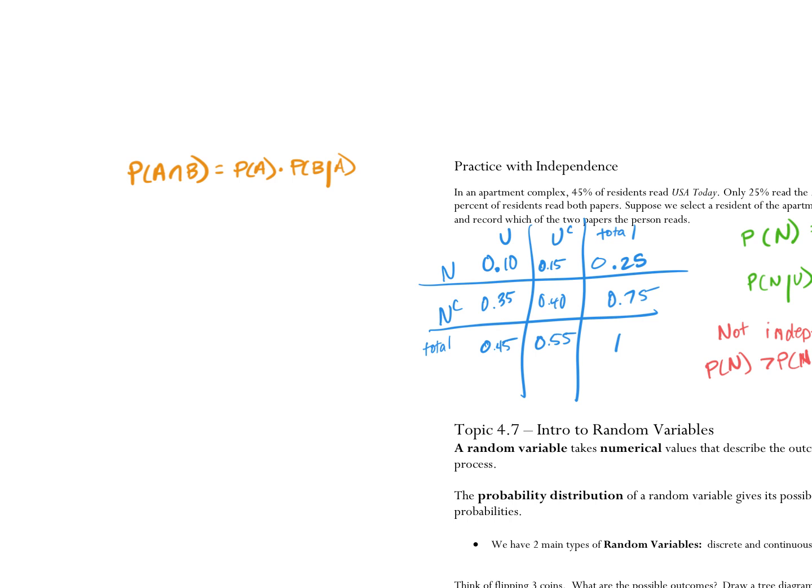Well, if the two events are independent, so this next part only applies to if independent, the probability of A and B would equal the probability of A times, well, if they're independent, B given A is equivalent to just B on its own.